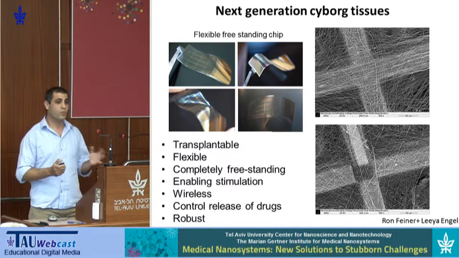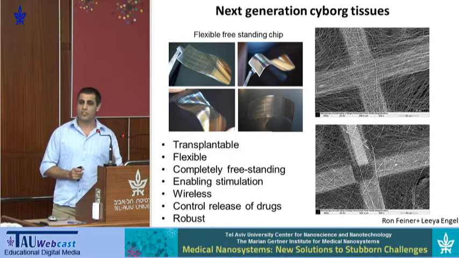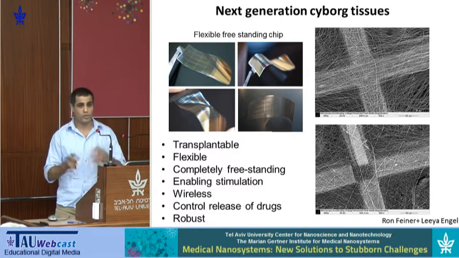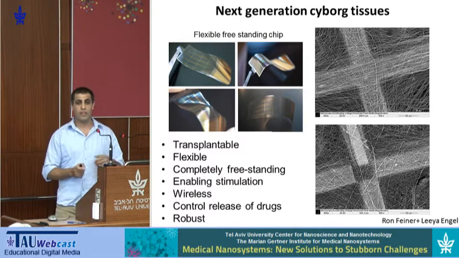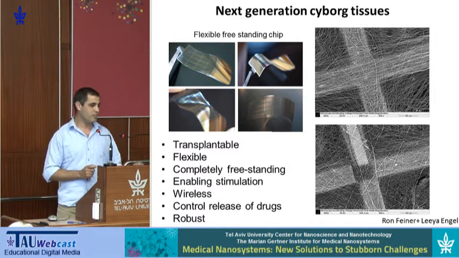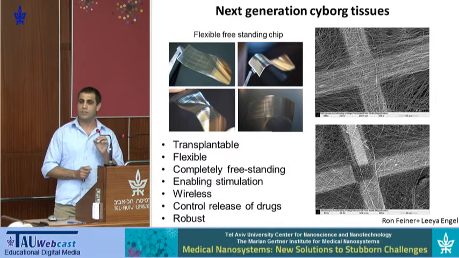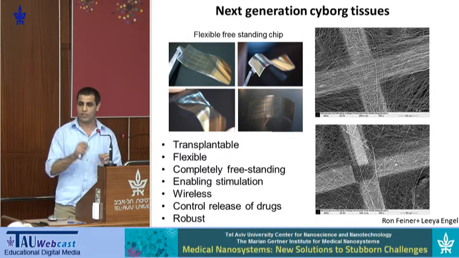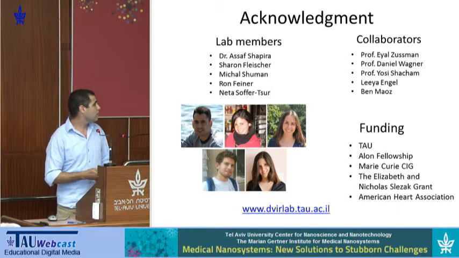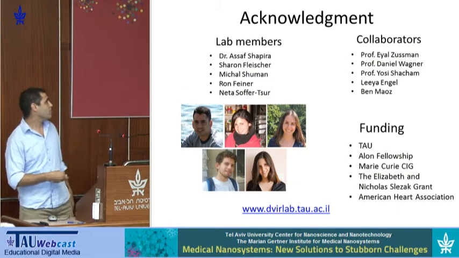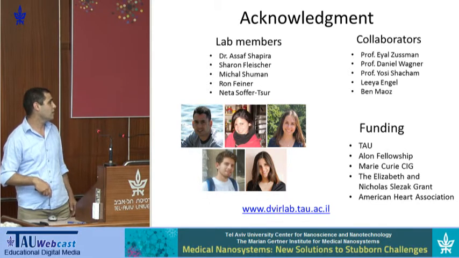So basically, what we want to achieve is to have a patch that can improve heart function on one end, and it can stimulate the heart, work like a pacemaker if you want, and record the function of the heart. And whenever we want, we can basically release drugs in certain spots on the heart to improve its function. So with that, I will finish up, just thanking my lab members, collaborators, and the funding.